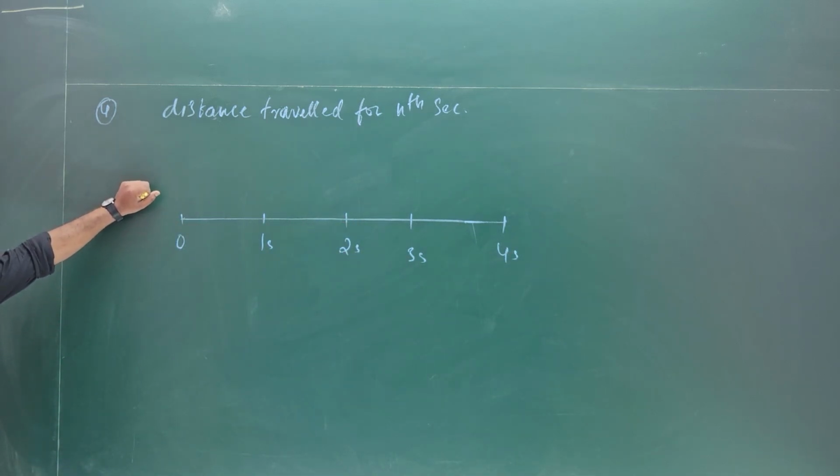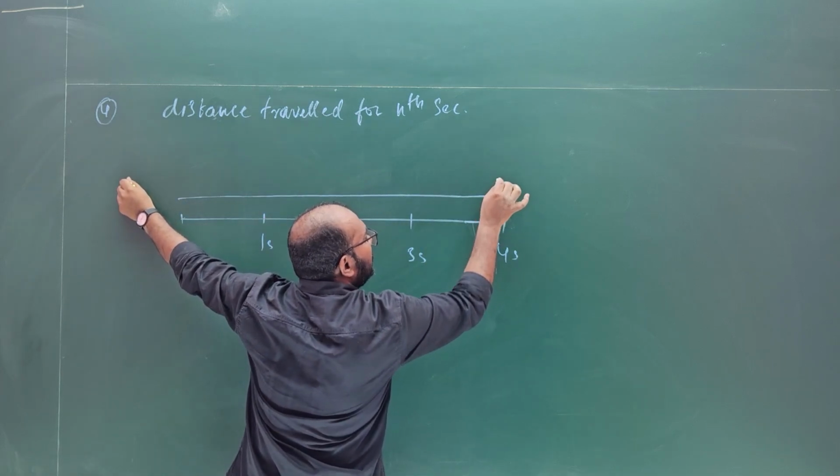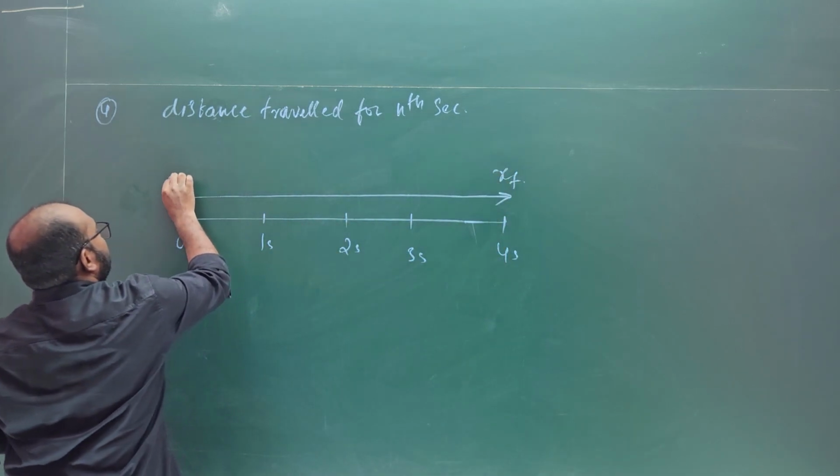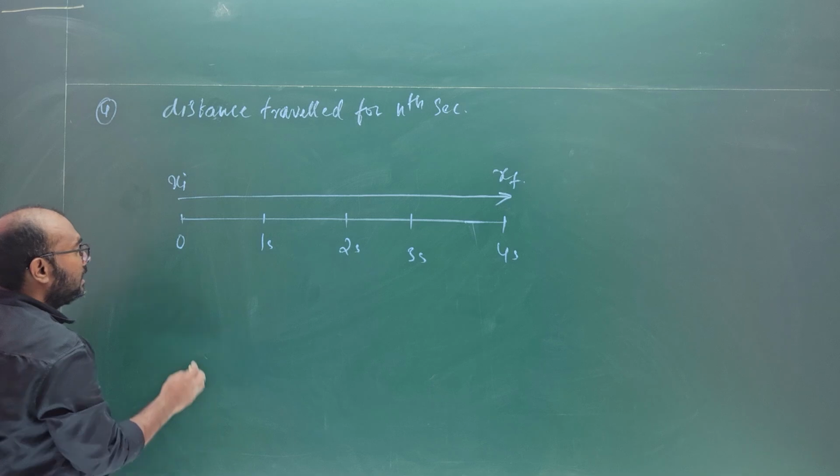Now how much did the body travel in 4 seconds? Listen carefully. Whenever I ask how much the body traveled in 4 seconds, that means the body traveled from the initial point to the final point. But can I say the body traveled in 1 second?